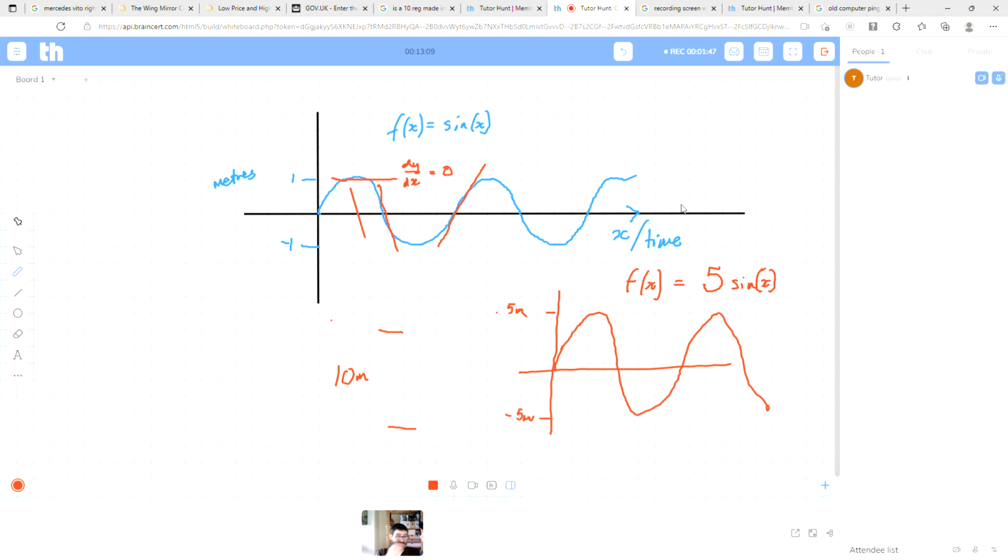My grandfather clock's pendulum is going to take a few seconds to go from the top to the lowest point. The tide is going to take hours. So how can we stretch or compress our sine functions to reflect the different things that we're modeling? We'll have a look at that next time.